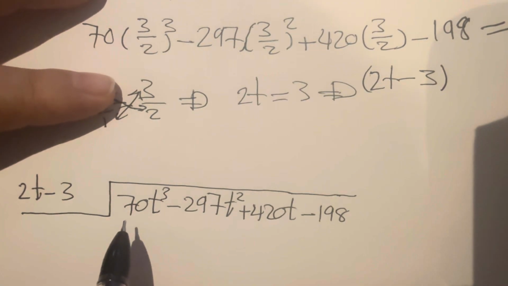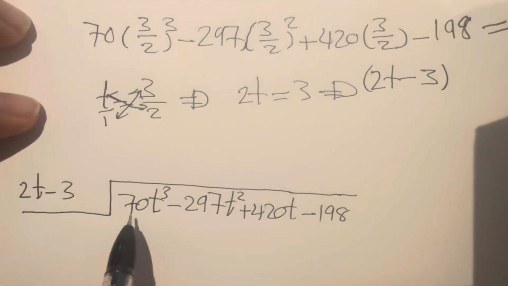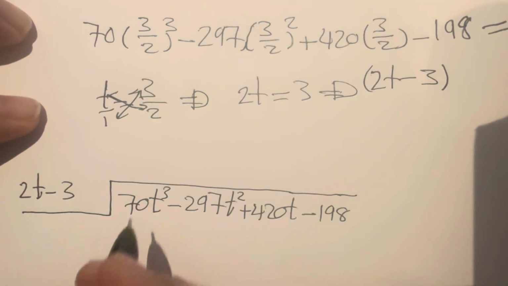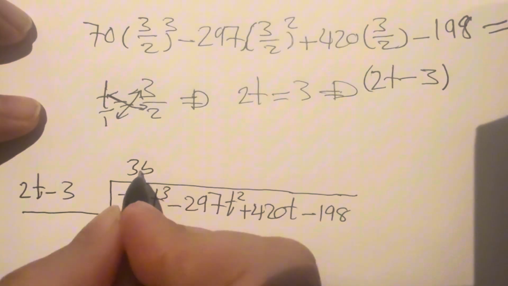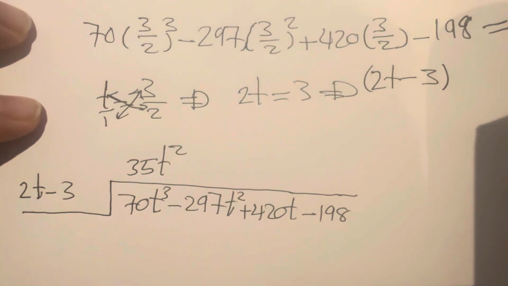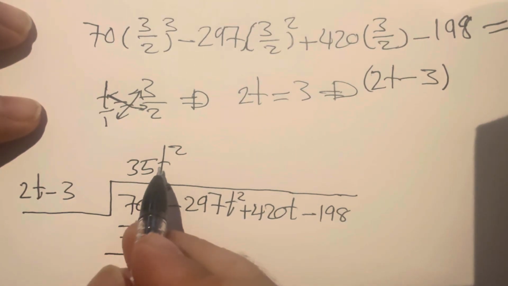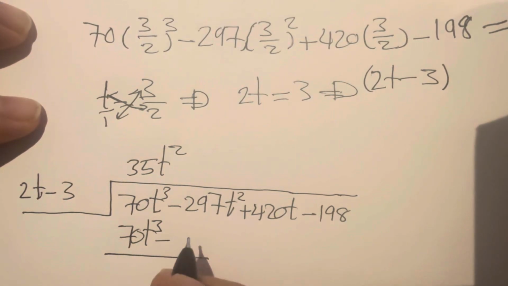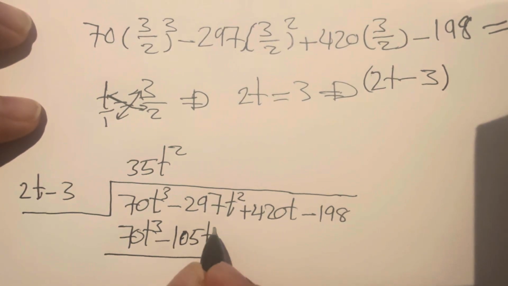So for 70t cubed, we do a long division. 70t cubed divided by 2t, we will get 35t squared. 35t squared times 2t, we get 70t cubed. So minus 35t squared times 3, we get 105t squared.